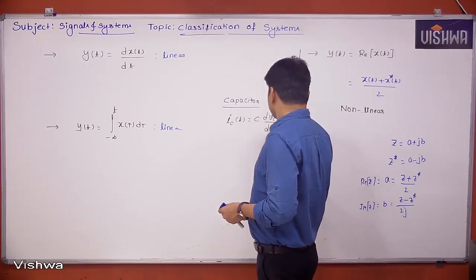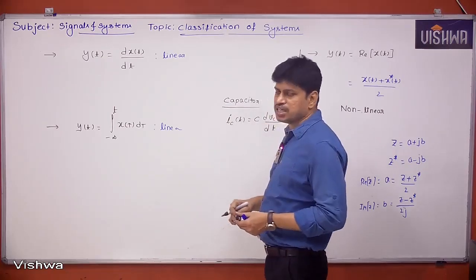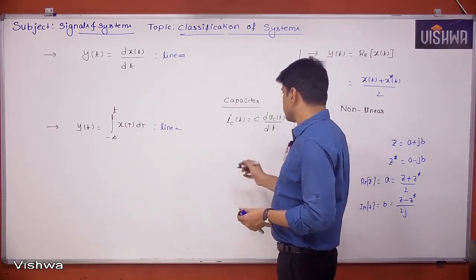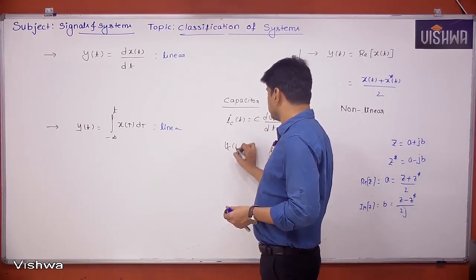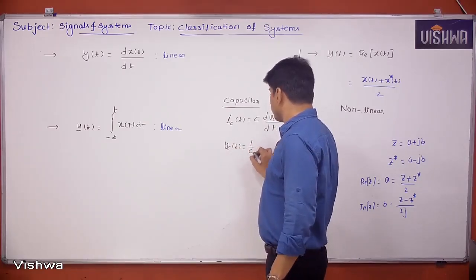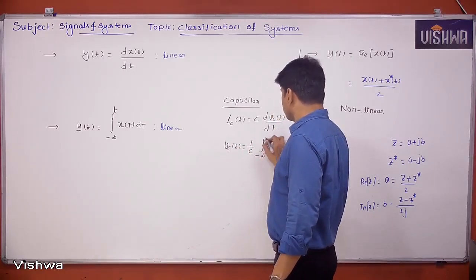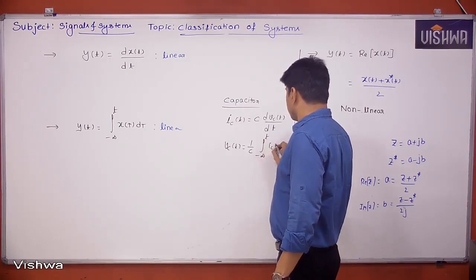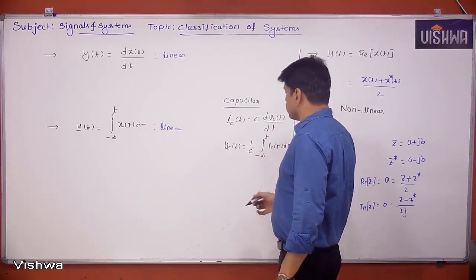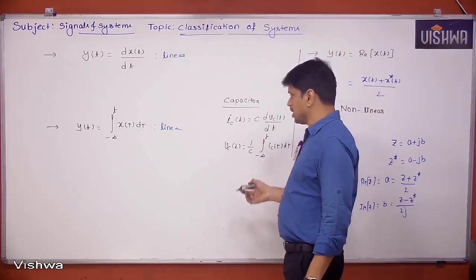So the voltage and current have a relation which is nothing but differentiation. Suppose I write Vc of t, which is nothing but 1 by C integral from minus infinity to t of Ic of tau d tau. So this is the way capacitor has a relation.